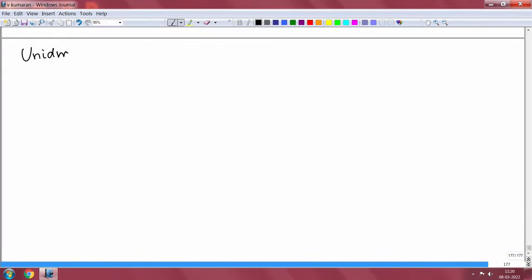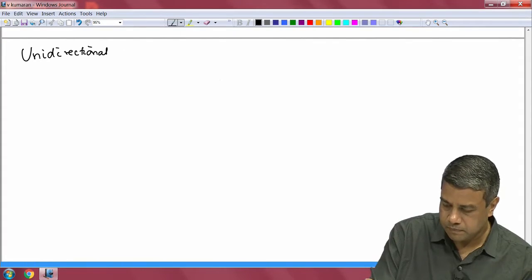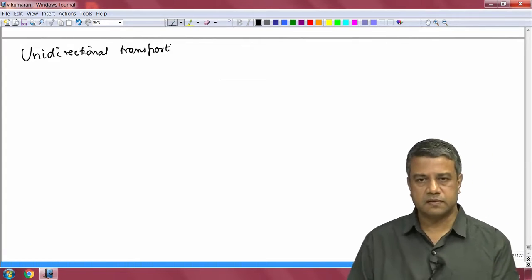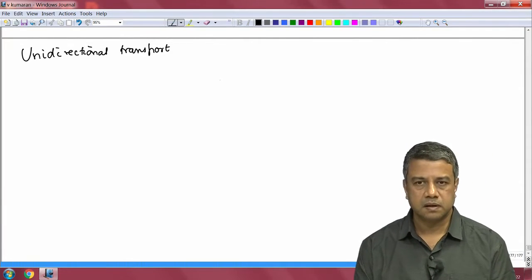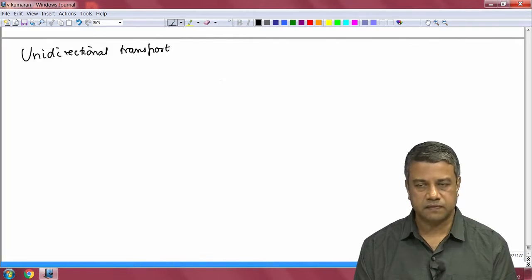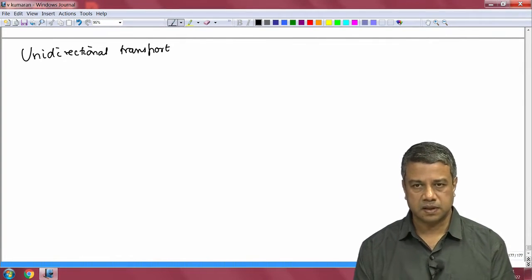So, we have been considering so far unidirectional transport, where there is variation in the temperature, concentration or velocity field in one spatial dimension and possibly in time.